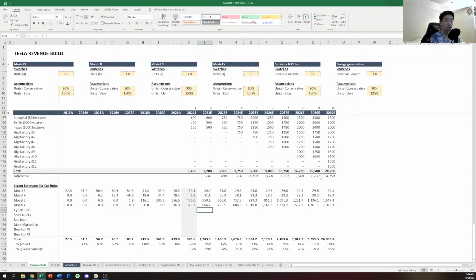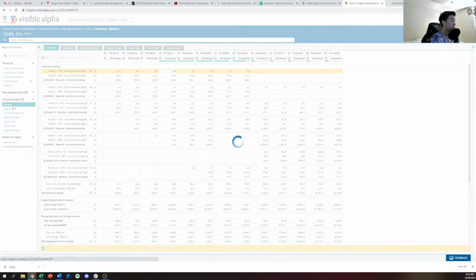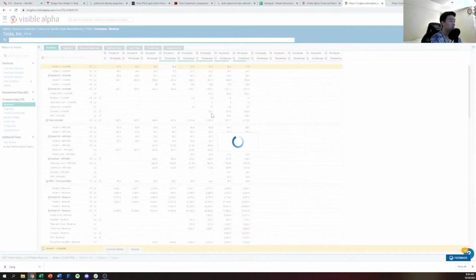All right, so I did get some permission from this tool that I use called Visible Alpha to show some consensus numbers for the future.